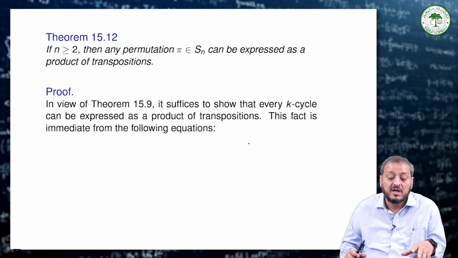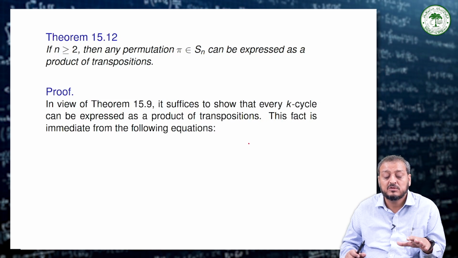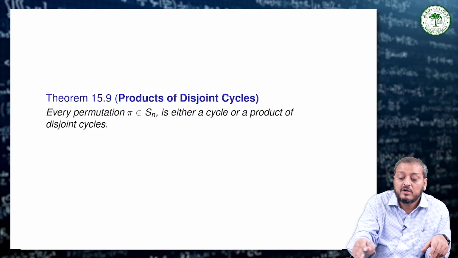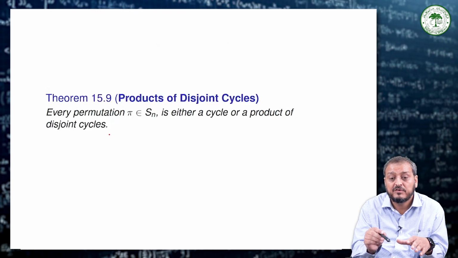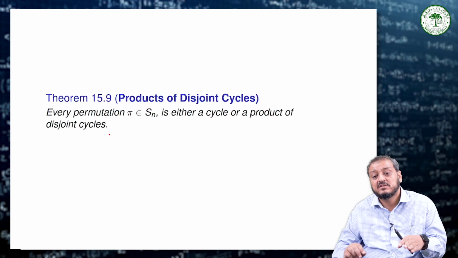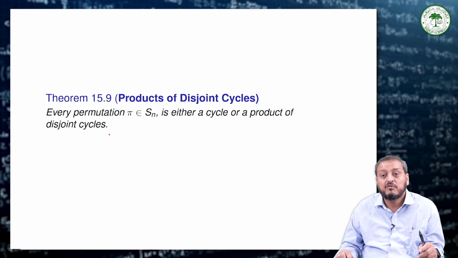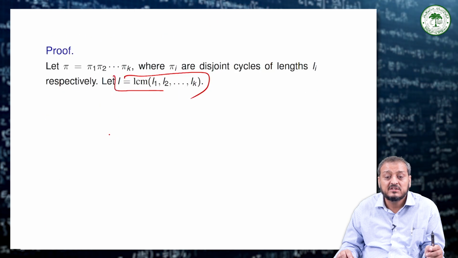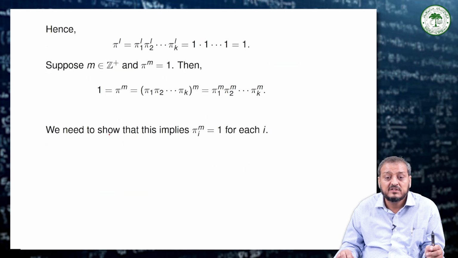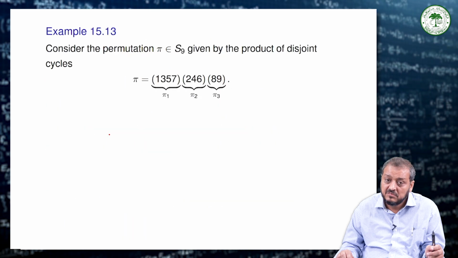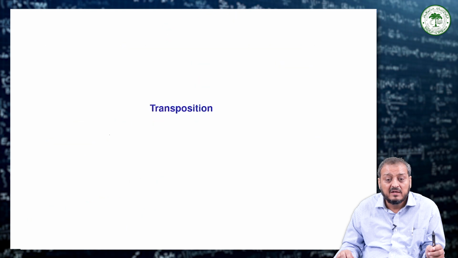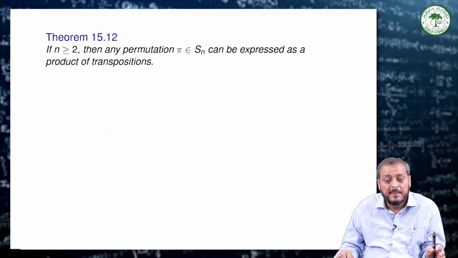So in view of the theorem, it is sufficient to show this for a product of disjoint cycles, since every permutation of Sn is either a cycle or a product of disjoint cycles.